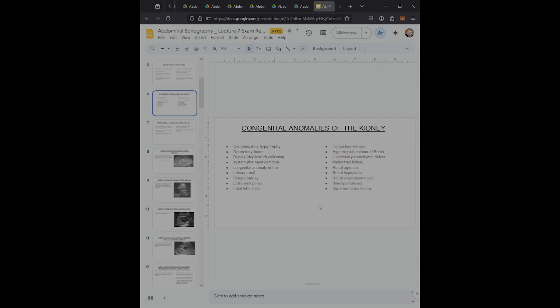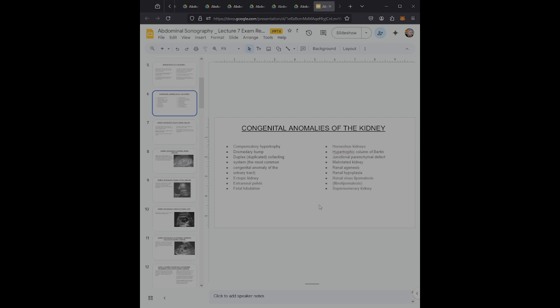An ectopic kidney or a pelvic kidney is a kidney whose location is within the pelvis, and the pelvis is the most common site of ectopic kidneys. Cross-fused ectopia occurs when both kidneys are fused on the same side of the body.